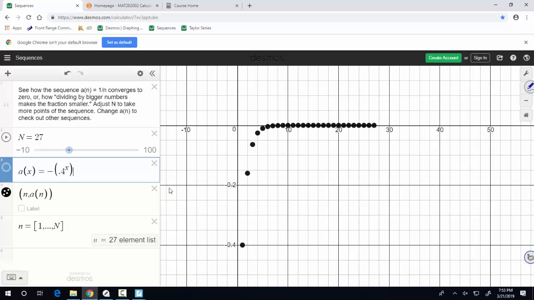What if you put 0.4 in the parentheses with the negative and leave the x out? Just delete that.